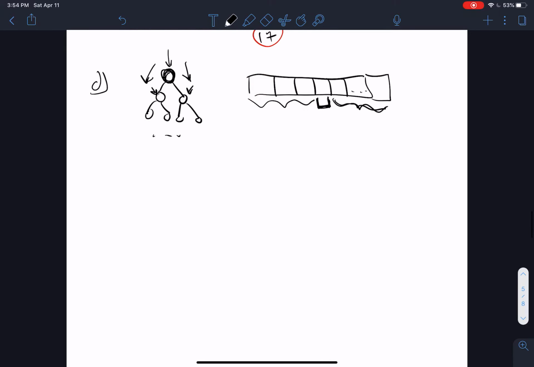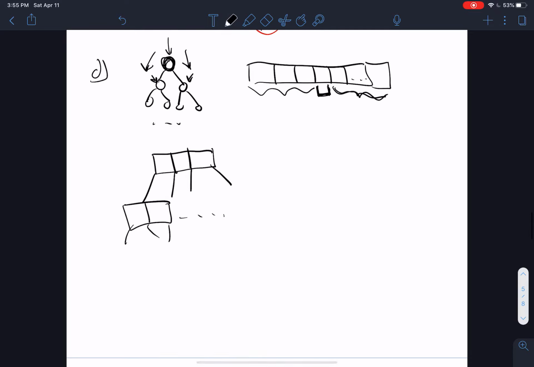So let's draw an example B tree. I'm not going to write the nodes in. Let's say it looks like that, and then maybe some more. So we're going to do the same thing, where we definitely want to add all the things on this child first.